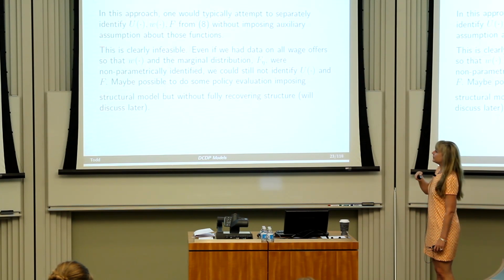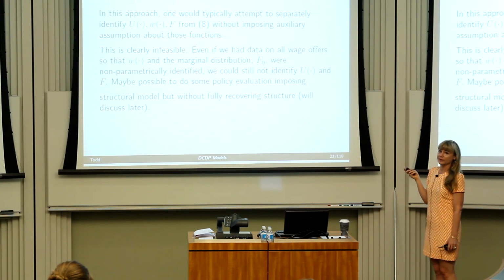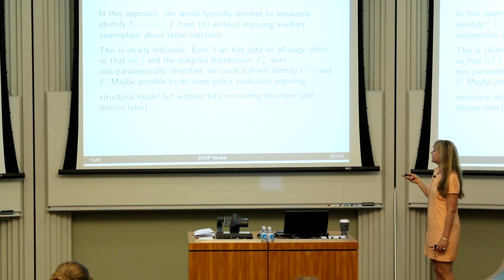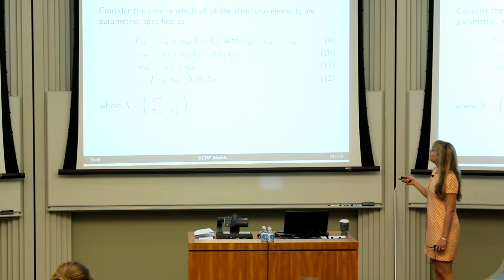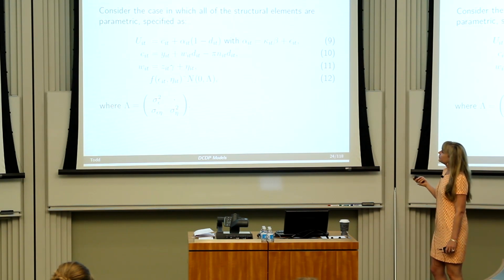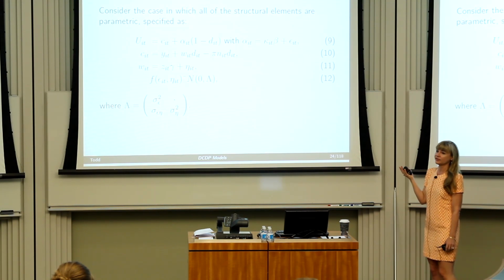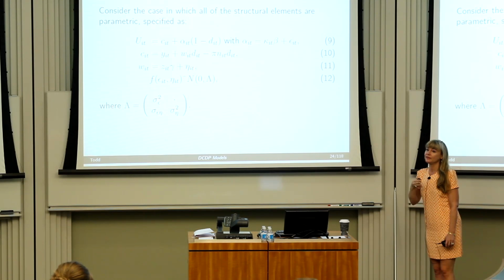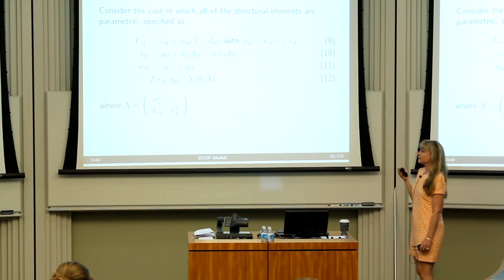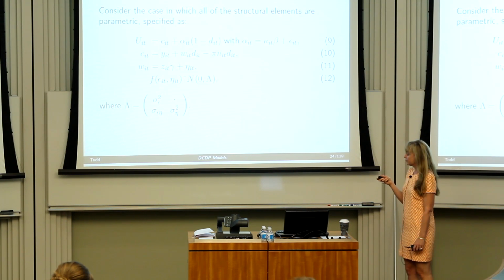But it's not possible to fully recover the structural elements from the model non-parametrically. Okay, now let's look at parametric structural, and it turns out, within this context, we can also do the childcare subsidy experiment, even if we have no direct price variation on the price of paid childcare.